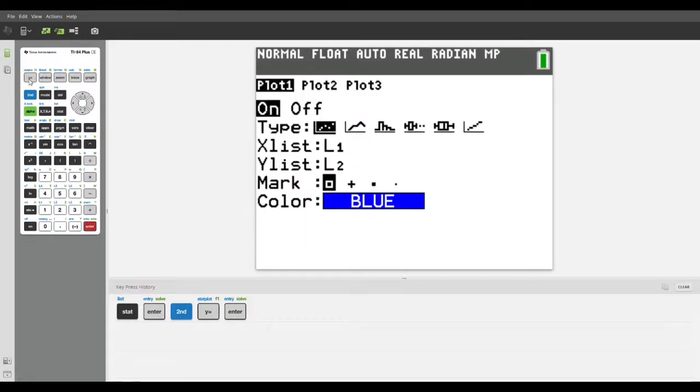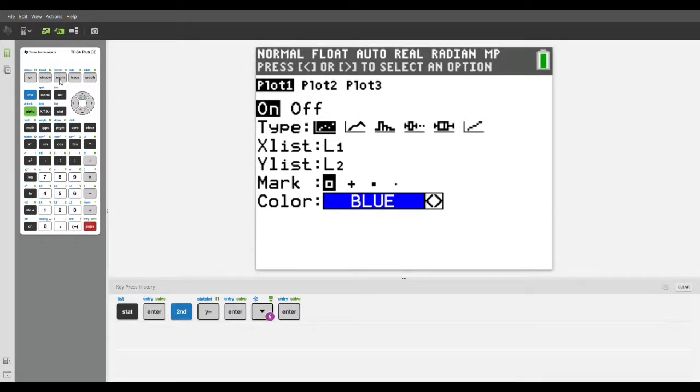On Plot 1, we're going to make sure that it is turned on. We're going to go to type and make sure that the first graph is highlighted. Our X list is going to be L1. Our Y list is going to be L2. And again, the markings are up to you and the color is up to you.